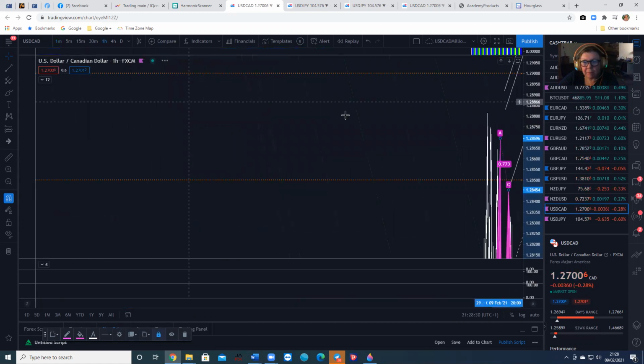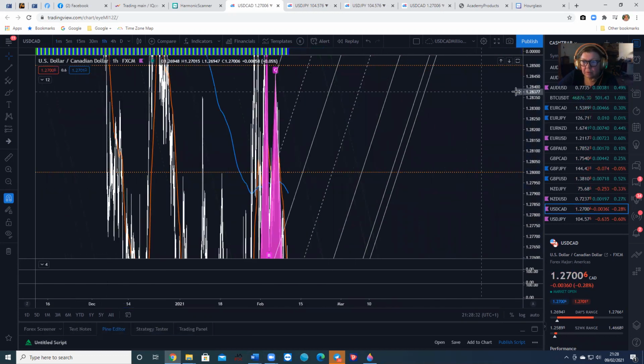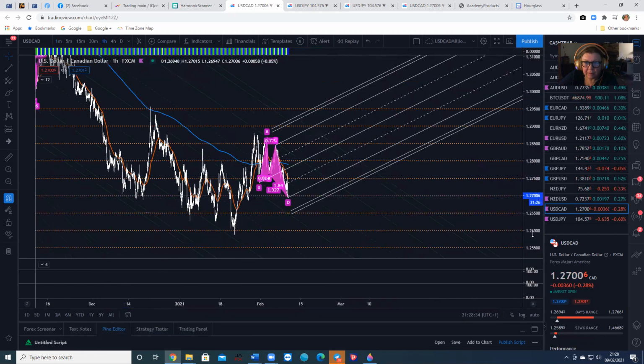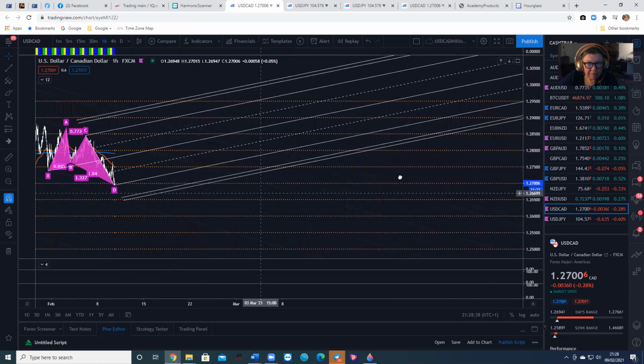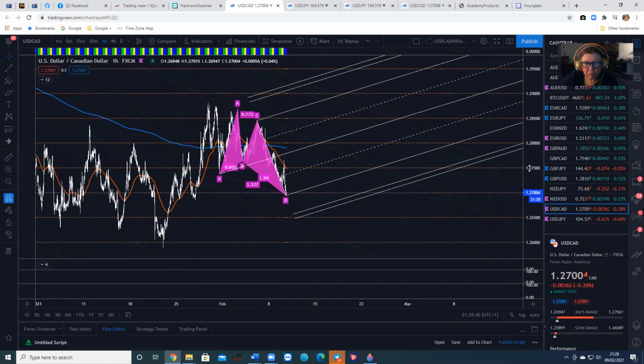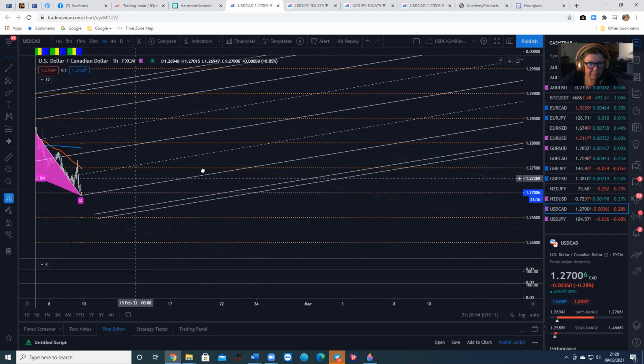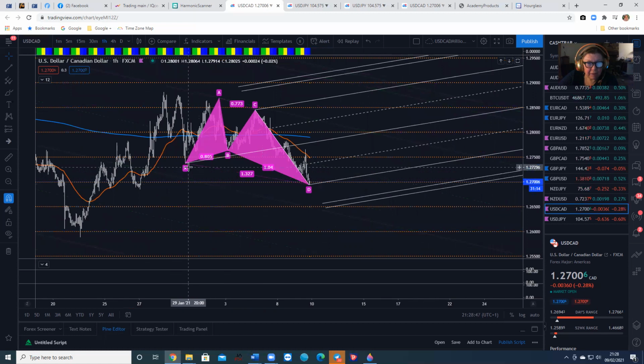So come back to the hourly and I can show it to you there, and you'll see me post these in the group I've got where I talk about pitchforks and the harmonic scanner. So here we have this scan, and it's only moved at the moment 8.2 pips off the D point.